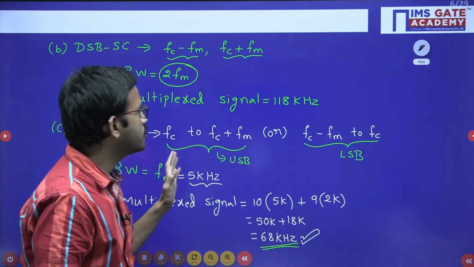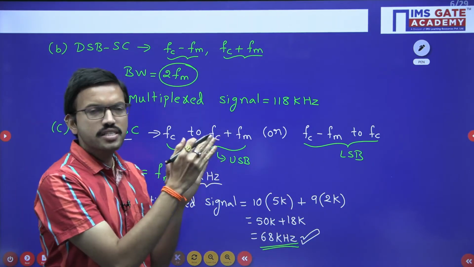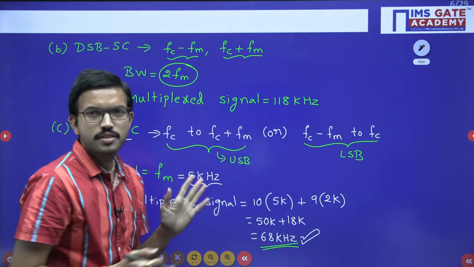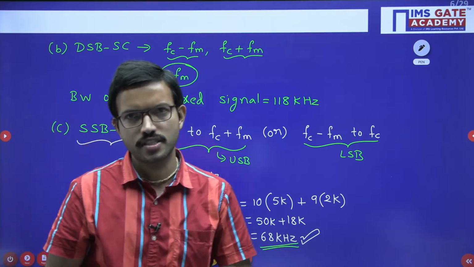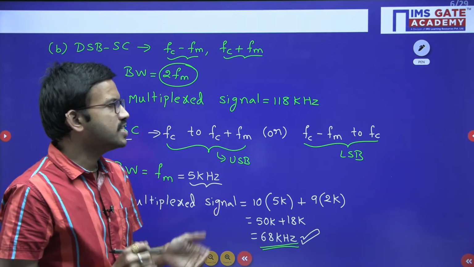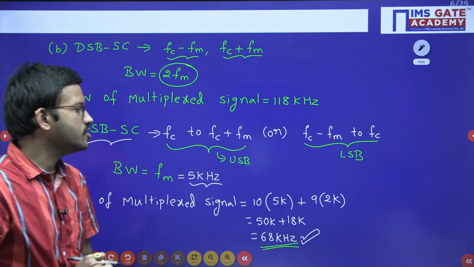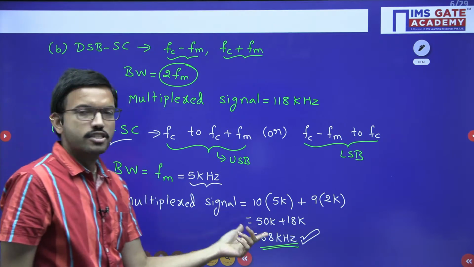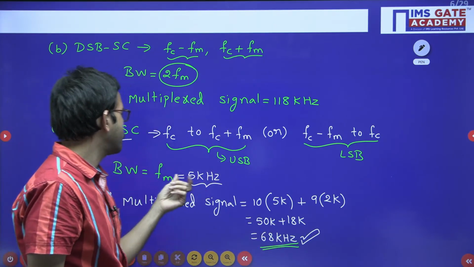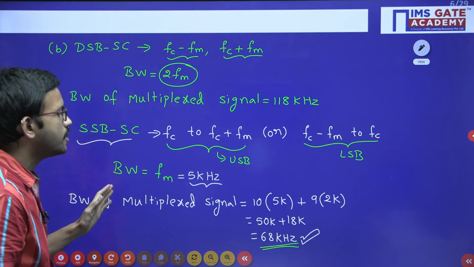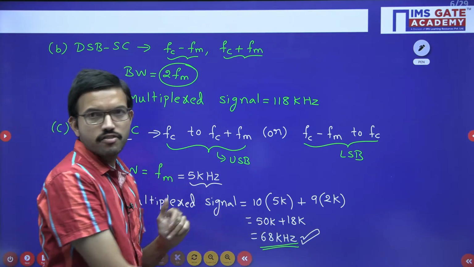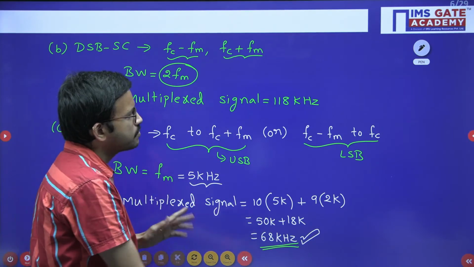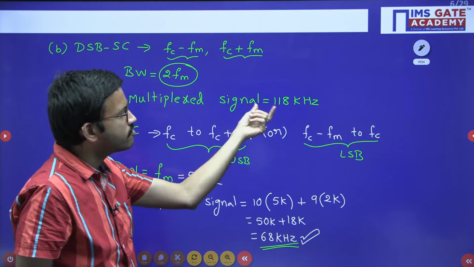If you have the choice to use AM modulators, DSBSC modulators or SSBSC modulators, which one will you prefer? Obviously the last one, because with the help of the SSBSC modulator, less bandwidth is sufficient for transmitting. You can observe here you are getting 118 kHz.